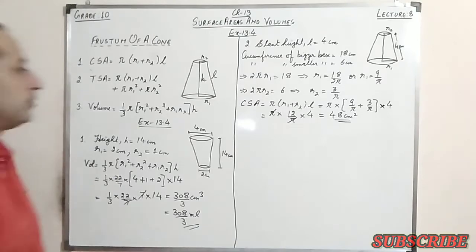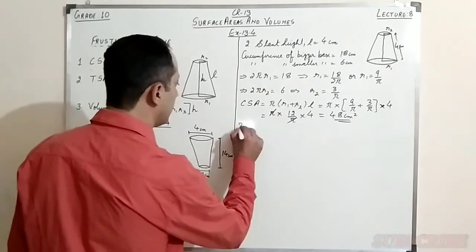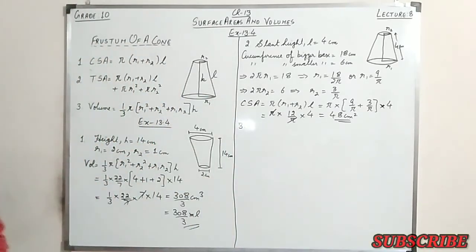Now let's see question number 3. Question number 3 is given a fez, that's the name of a cap. The cap used by Turks is shaped like a frustum of a cone. If its radius on the open side is 10 cm, radius at the upper base is 4 cm and its slant height is 15 cm, find the area of material used for making it.